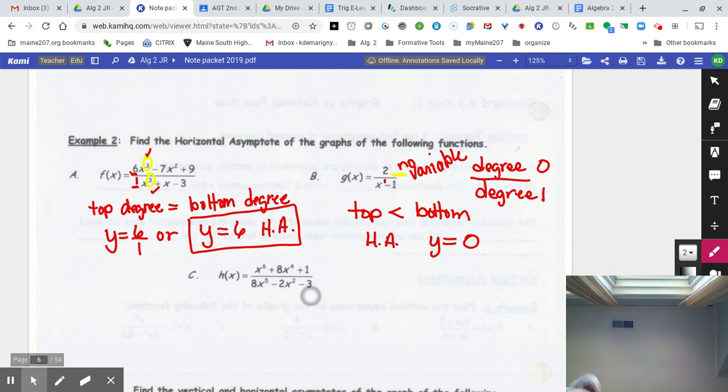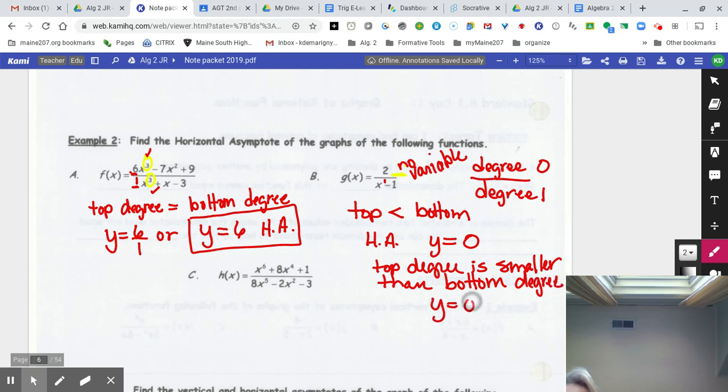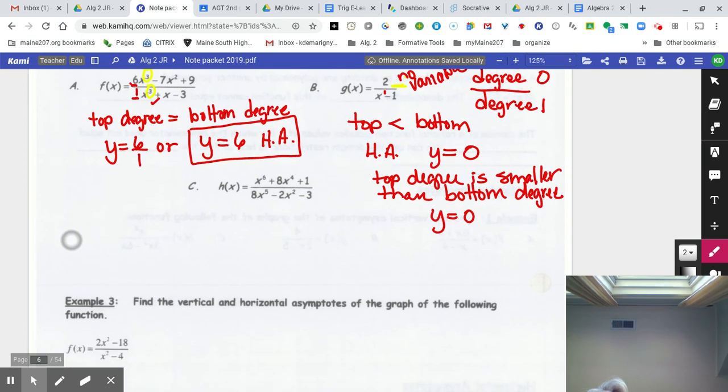If the top degree is smaller than the bottom degree, then it's automatically y equals 0. You don't have to do any calculations.